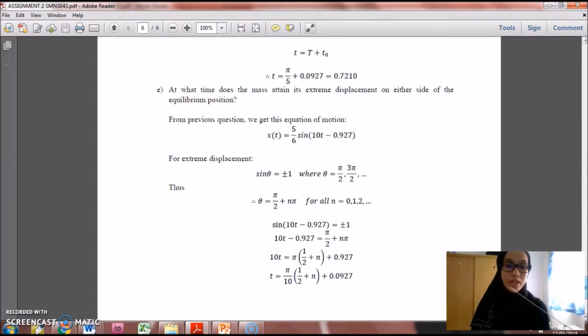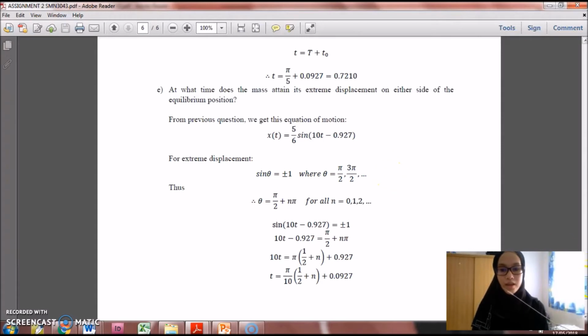And the last question is, at what time does the mass attain its extreme displacement on either side of the equilibrium position? From the previous question, we get this equation of motion: x(t) is equal to 5 over 6 times sine of (10t minus 0.927). For extreme displacement, sine is given plus or minus 1, where theta is pi over 2, 3 pi over 2, and so on.